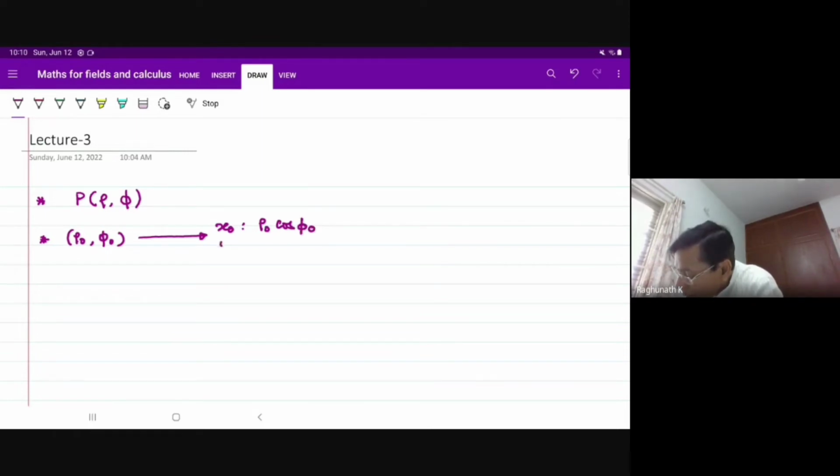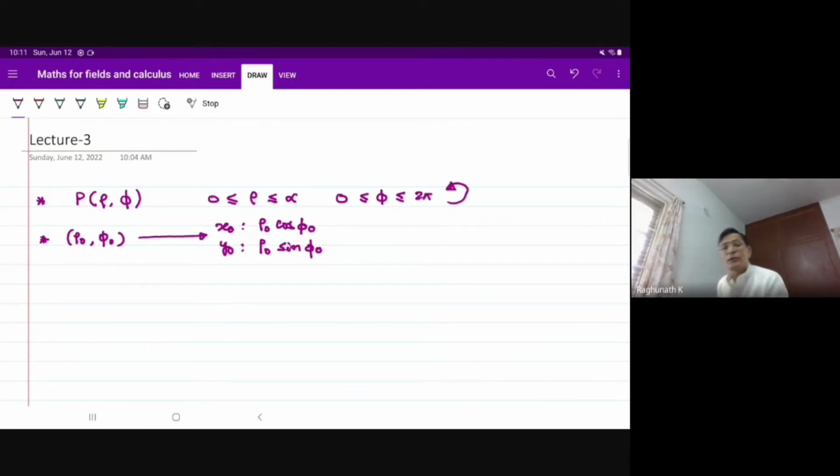Please ask if you have any doubt. y naught is equal to rho naught sin phi naught, for all phi, where rho can take the values 0 less than or equal to rho less than or equal to infinity, and 0 less than or equal to phi less than or equal to 2 pi, measured definitely in the anti-clockwise direction because it is a positive angle.